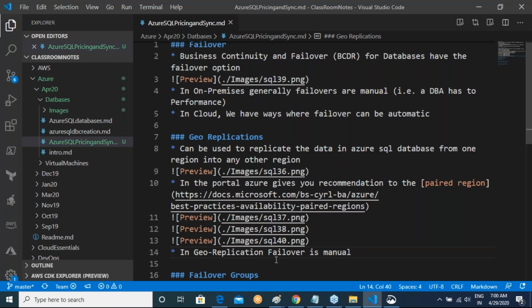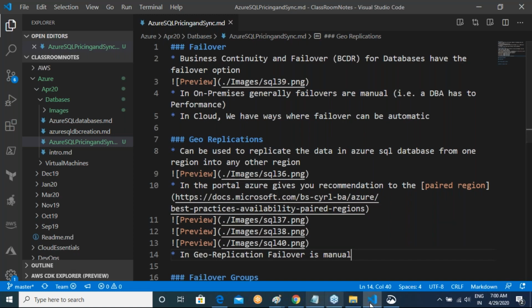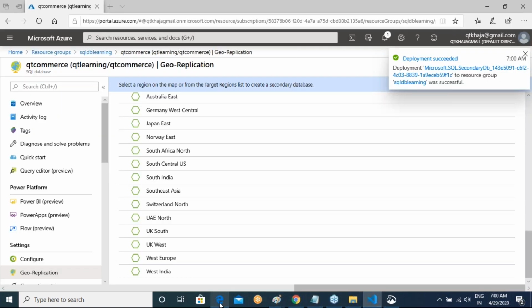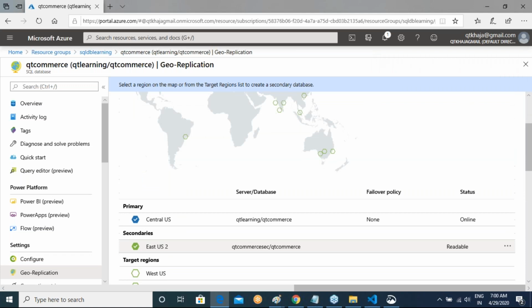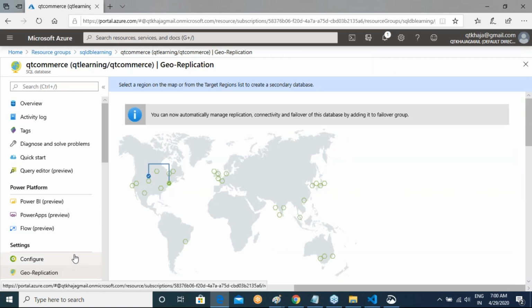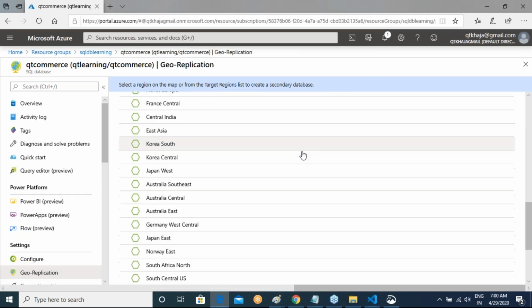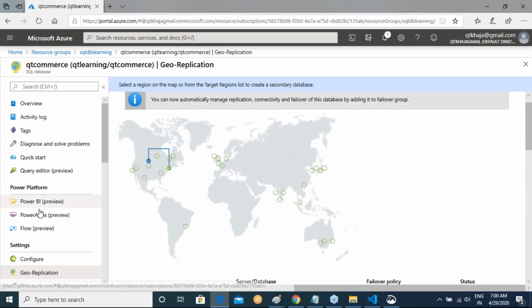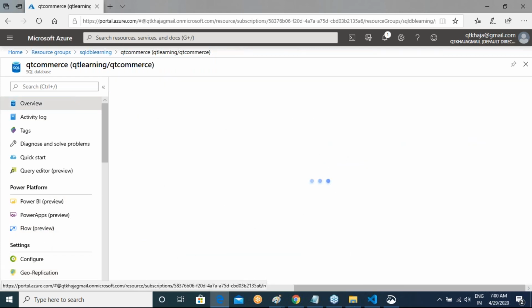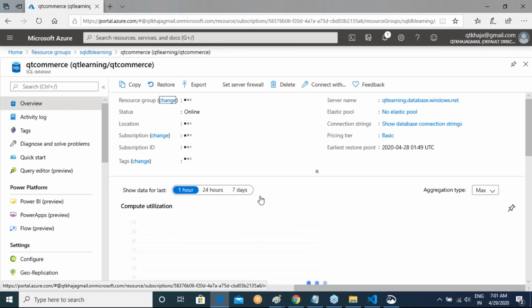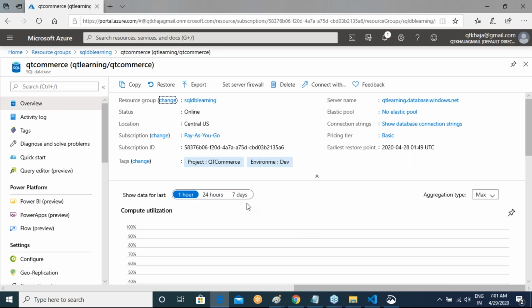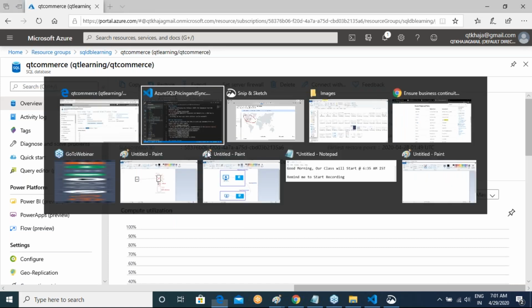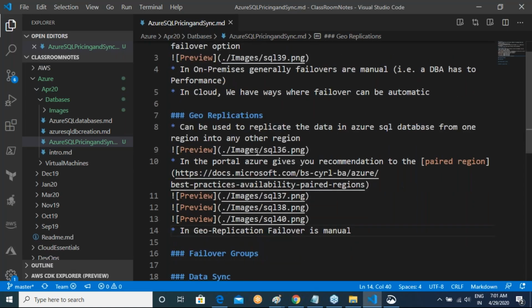Clear on this? We are going with Geo replication. If the region fails, you have to make the other region primary, so the failover is manual. Generally, we are trying to learn the options. There are other ways of dealing with this, and that is what we will anyway try to learn.